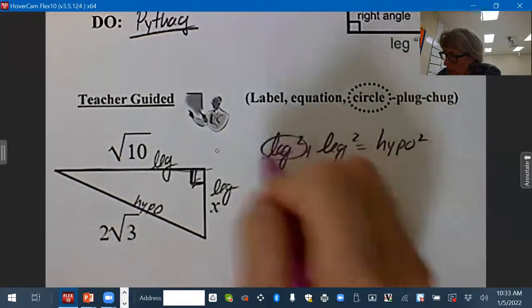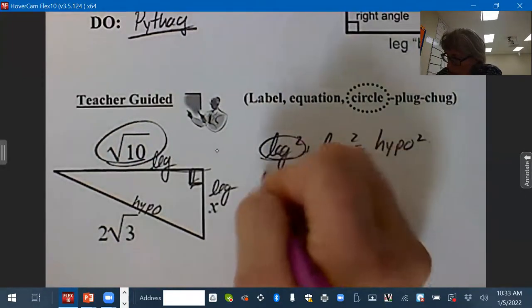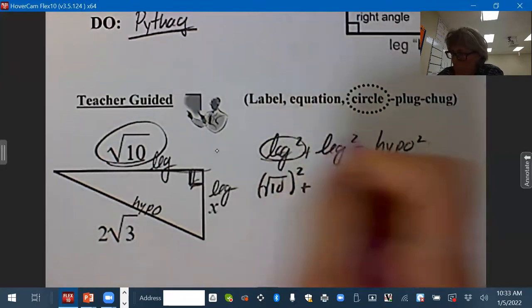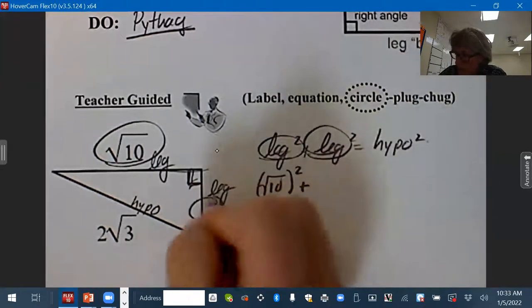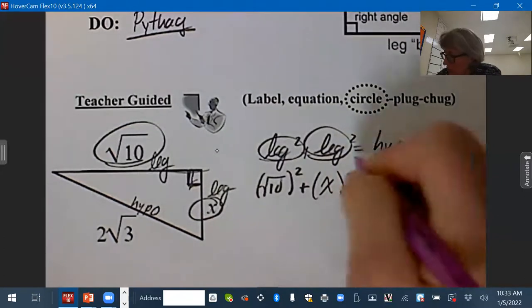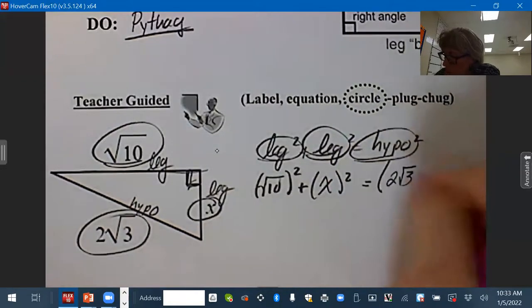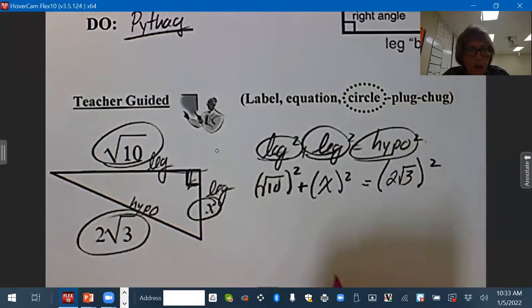Watch. Leg, circle. It's root 10. Don't forget the square, so I put parentheses square. Leg, that's an x, x, parentheses squared. Hypo, I circle the hypo. 2 root 3, parentheses around that entire thing, squared.